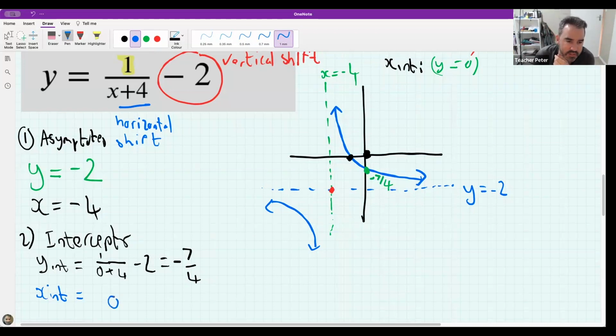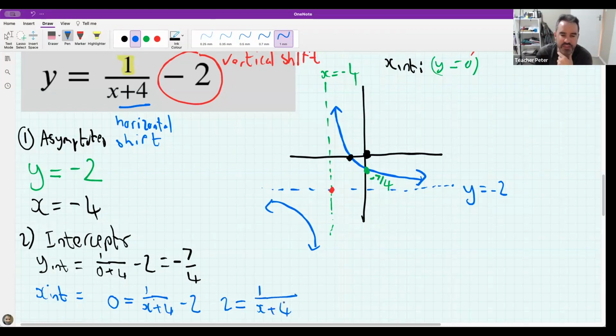Okay, now we need to find the x-intercept. So we need to solve this equation now. There's a couple of ways we can do this, but I'm going to bring the 2 across.